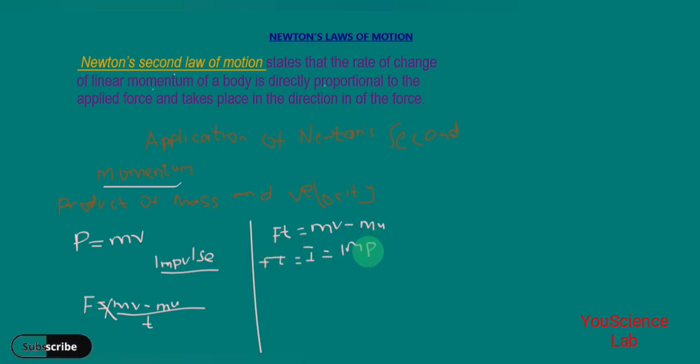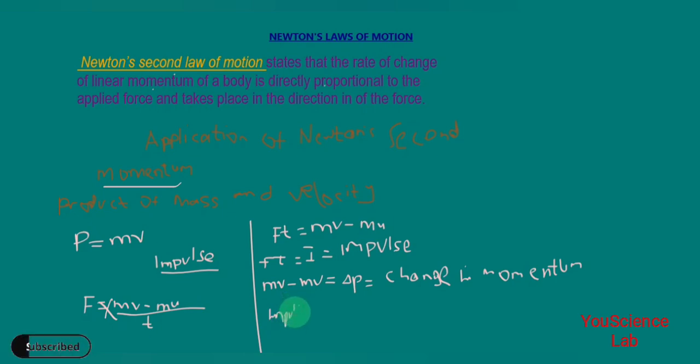I is the impulse, so it's equal to Ft. So from here, we can say that change in momentum, mv minus mu, is also equal to impulse. So impulse is equal to change in momentum.